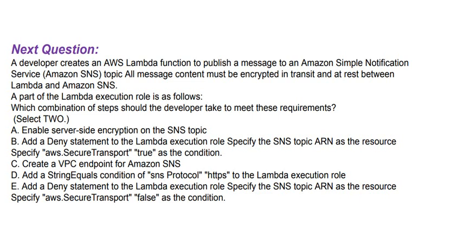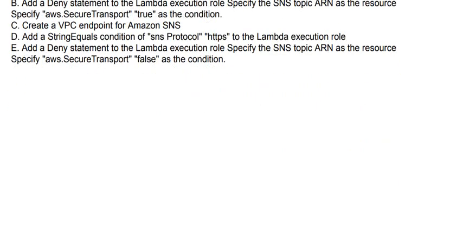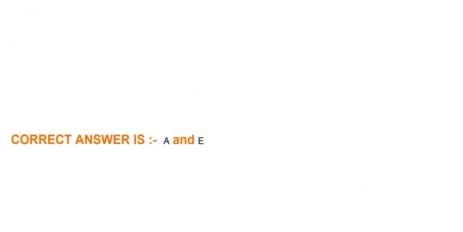And option E. Add a deny statement to the Lambda execution role. Specify the SNS topic ARN as the resource. Specify aws:SecureTransport false as the condition. The correct answer is option A and E.